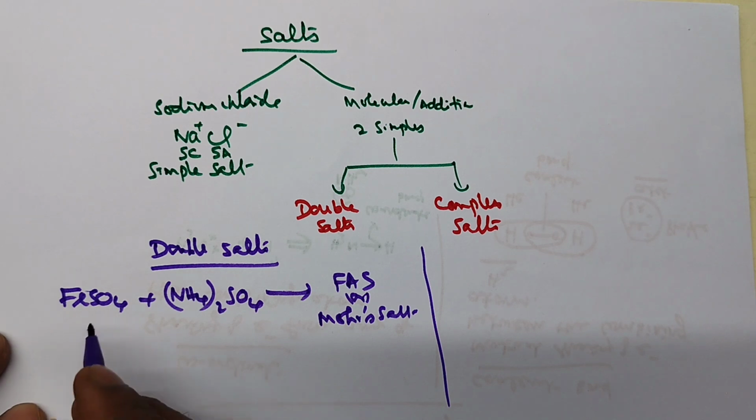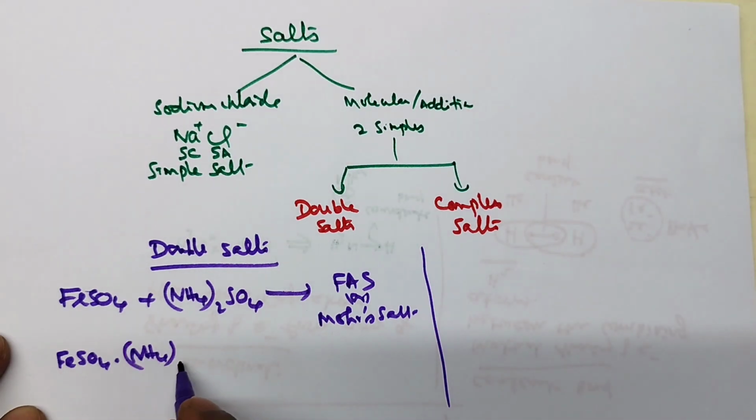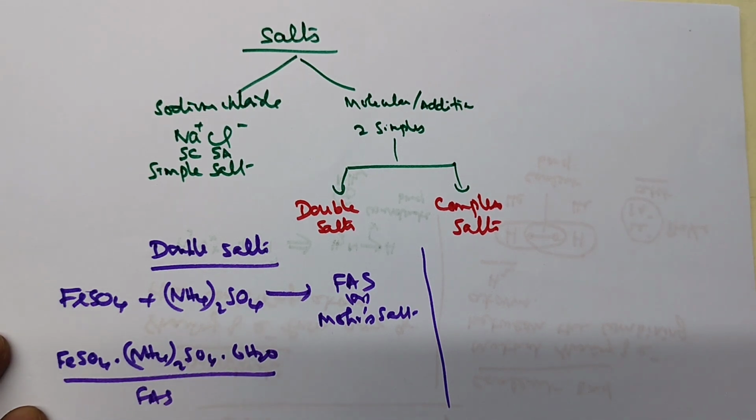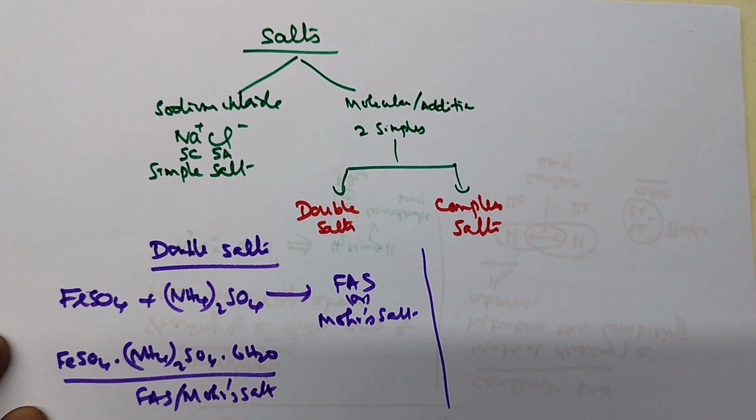The formula for ferrous ammonium sulfate is FeSO4 dot ammonium sulfate dot 6 molecules of water of crystallization, water of hydration. So this is called FAS, ferrous ammonium sulfate, or Mohr's salt. This is one example of a double salt.